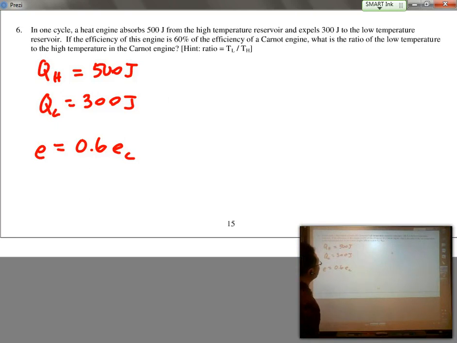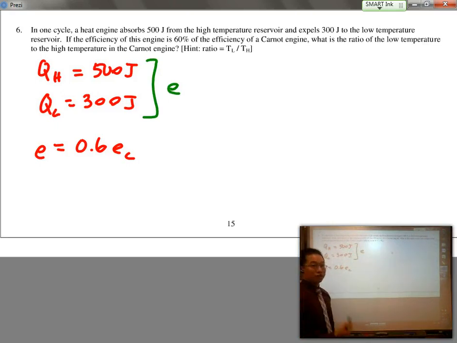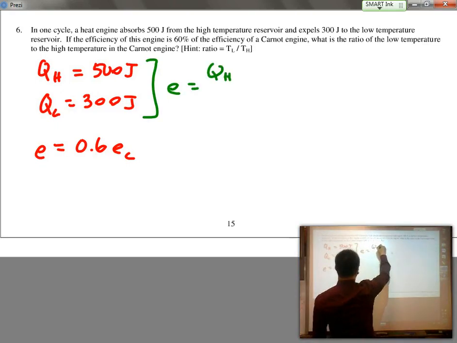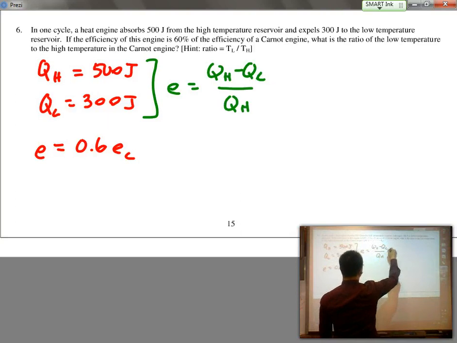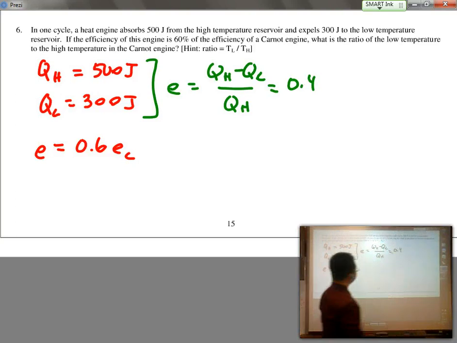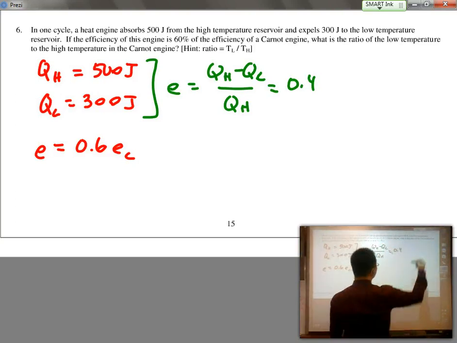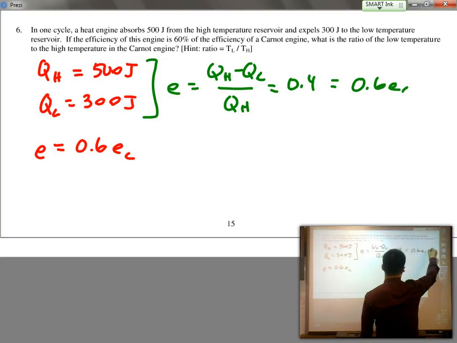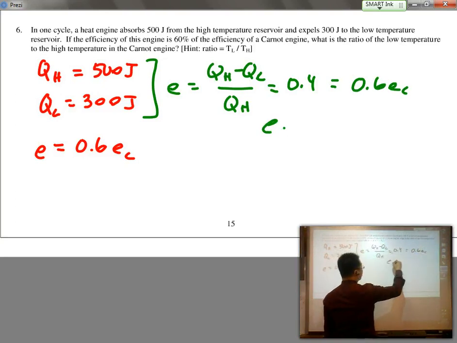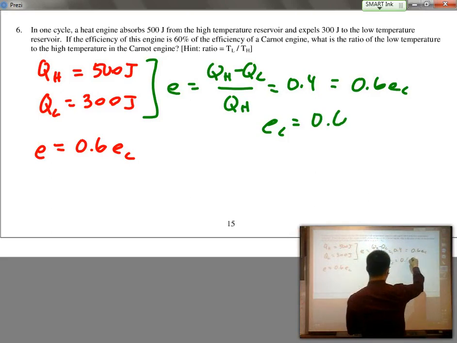So, from this information, I can immediately determine the actual efficiency of the engine to be QH minus QC over QH, which is equal to 0.4. But they said that this is equal to 60% of the Carnot efficiency. So that means this is equal to 0.6 EC. So the actual Carnot efficiency itself, the maximum possible efficiency, would equal 0.67.